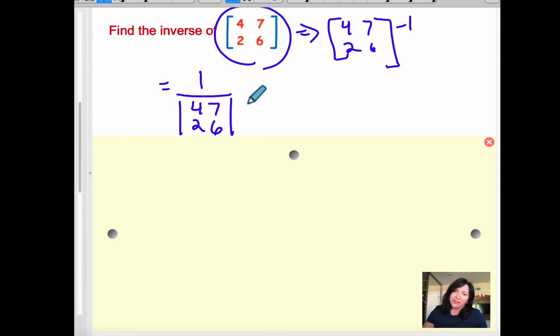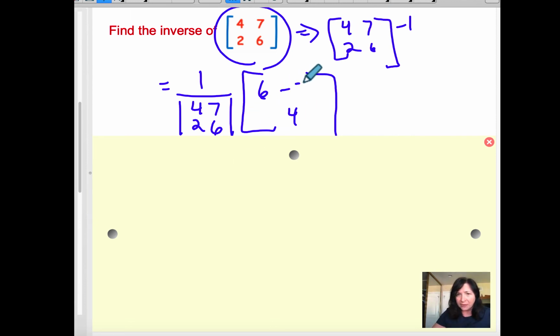Now what we do next is multiply by the transpose, where everything changes. My A value, 4 and 6, will change: that'll be 6 and that'll be 4. Likewise, this 7 will be a negative 7, and this 2 will now be a negative 2.